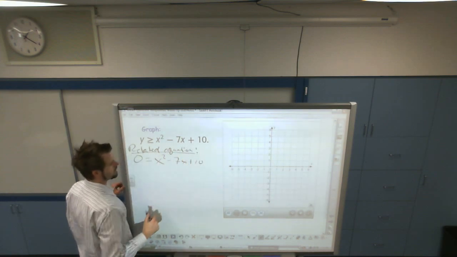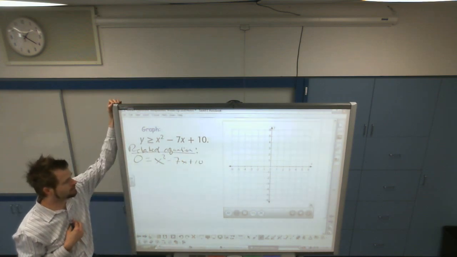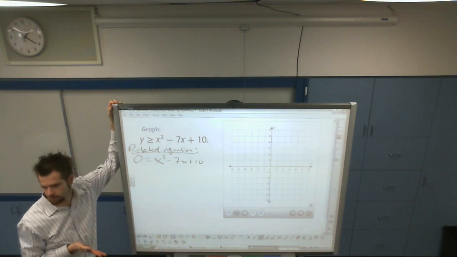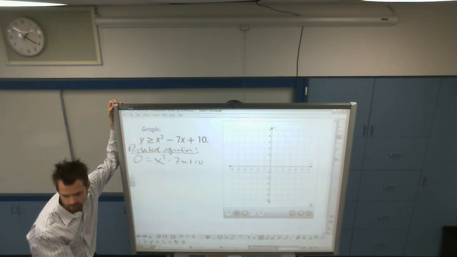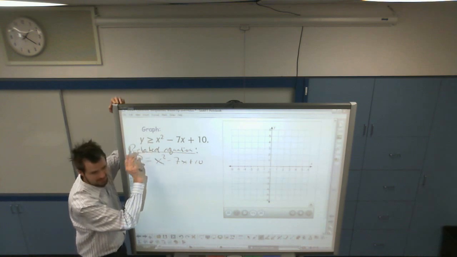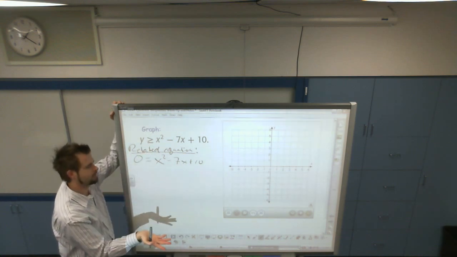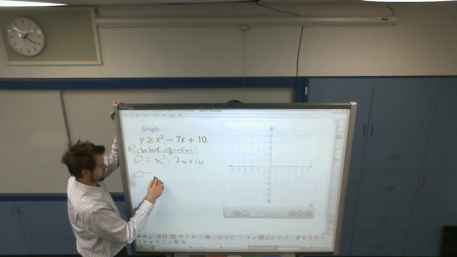When you're doing this, you really end up working with what's called the related equation. Basically, that just means, let's pretend it's an equation for a second, and we'll worry about the inequality in a little bit. That's the idea behind that.